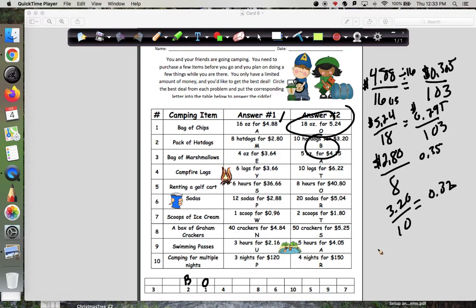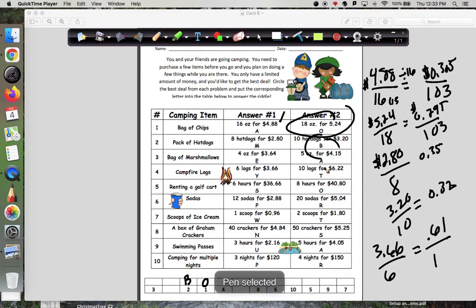And we're going to do 3.66 for 6 logs. And I know that's 61 cents for 1. And we're going to compare that. And I have to erase this a little bit so I can see this.